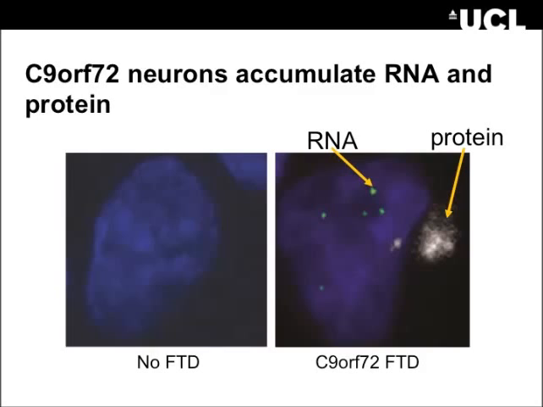So we've really zoomed in now on one brain cell. This is the centre of the cell where all the DNA is kept. And in someone who doesn't have FTD, all you see is just where all the DNA is. But with someone who has FTD with C9orf72, we actually see something slightly different. This is a clump of protein, and it's different to what's building up in the Danish family, but there are definitely these clumps of protein that appear in these neurons.